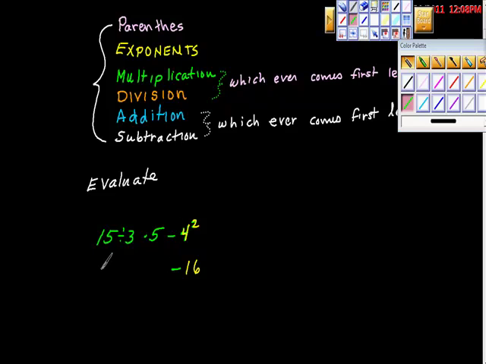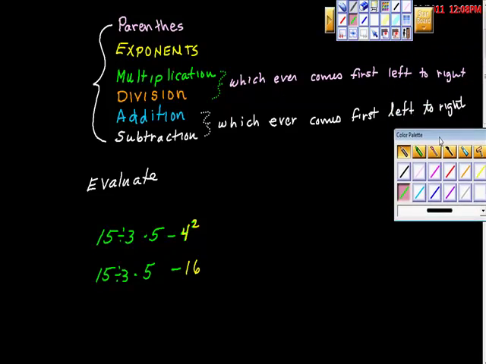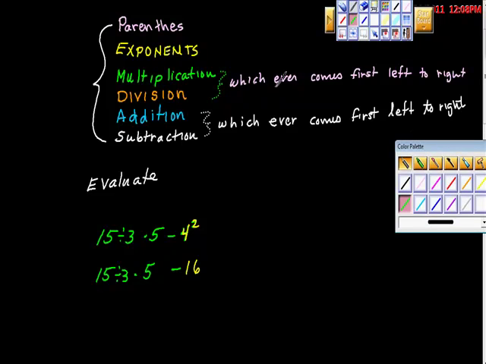Now I'm going to just bring down the rest of the problem, which was 15 divided by 3 times 5. Now here it says do multiplication or division, and here's a little caveat, and this is crucial for us to think about. This caveat says whichever one comes first, left to right. So as I'm moving left to right, I come across the division first. So I'm going to do this division right here. I see 15 divided by 3, and 15 divided by 3 is 5.